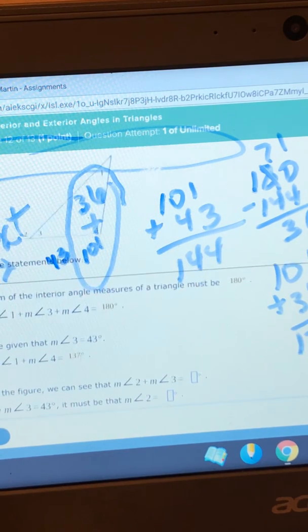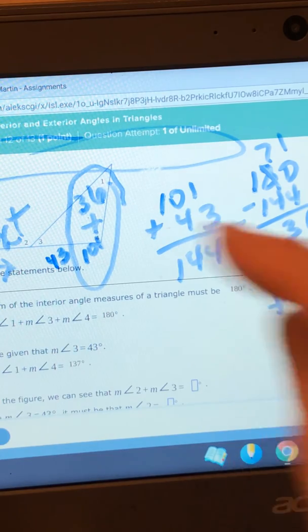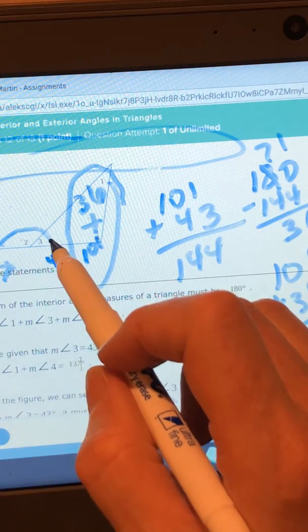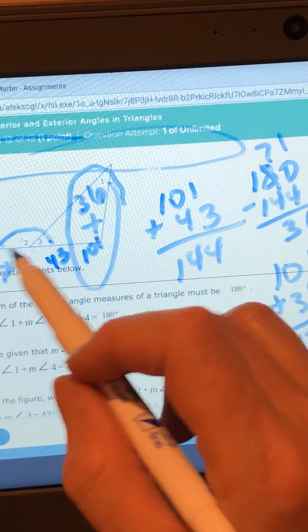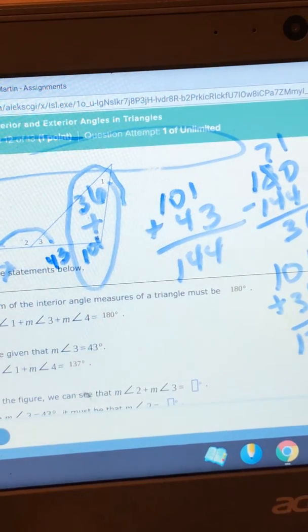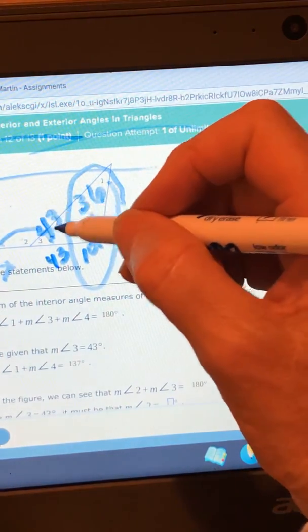Oh, from the figure, we can see the measure of angle 2 plus the measure of angle 3. They're saying what do those two equal? Well, can you tell that that's supplementary? There's the straight angle with the ray coming out. So 2 plus 3 has to equal 180. And we know that angle 3 is 43, by the way.